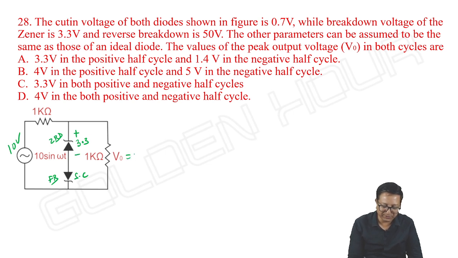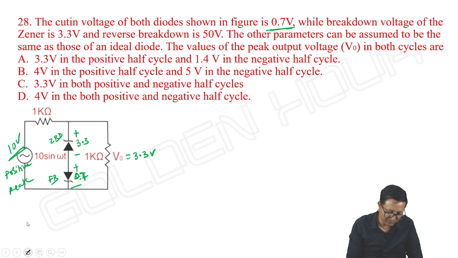Ultimately, our output is equal to 3.3 volts when input is at its positive peak. Oh, sorry, 0.7 is mentioned, it's not a short circuit, 0.7. If that is the case, it is plus 4 volts.